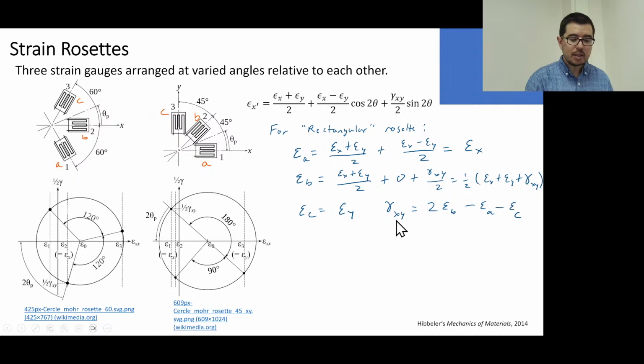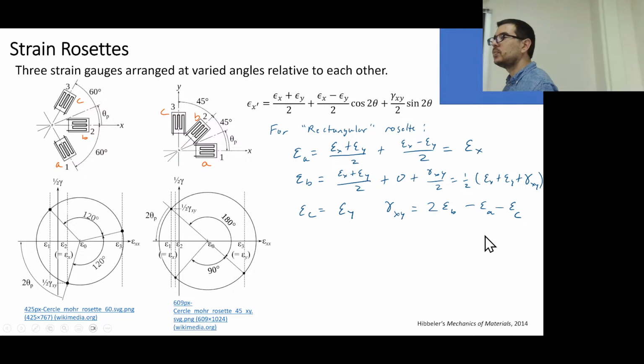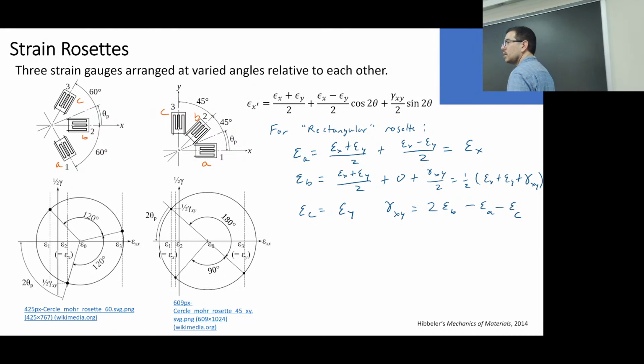I can reorganize this. If I want to know the strain in x, I just look at epsilon a. If I want to know the strain in y, I just look at epsilon y. But if I need gamma xy, I have to use information from all 3 gauges to figure out what it is. Does that make sense?